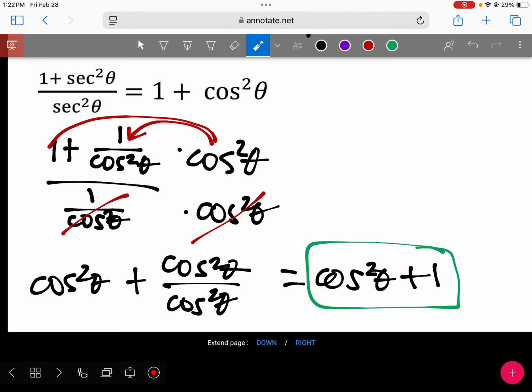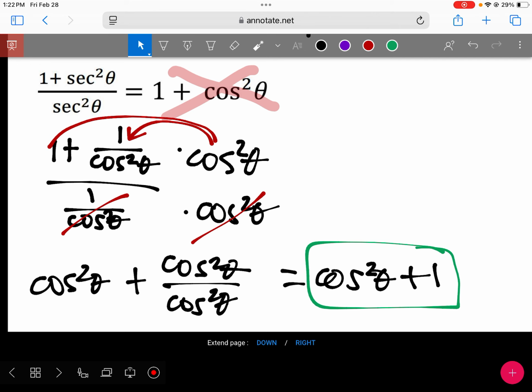I still see a lot of confused faces. Well, it's because the equal 1 plus cosine squared. Where did that go? We ignored it. You have to ignore it. So we multiplied both the top and bottom by cosine squared and got 1 plus. If I'm multiplying the top and the bottom, it's technically 1 over cosine squared.